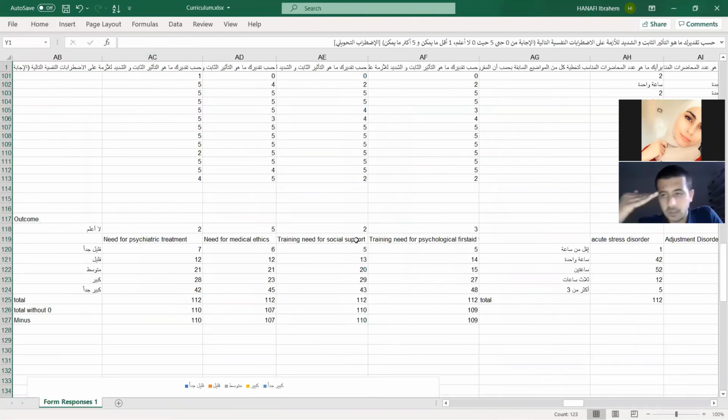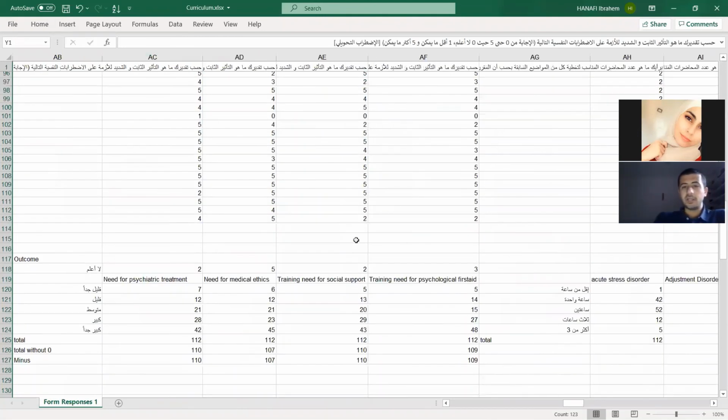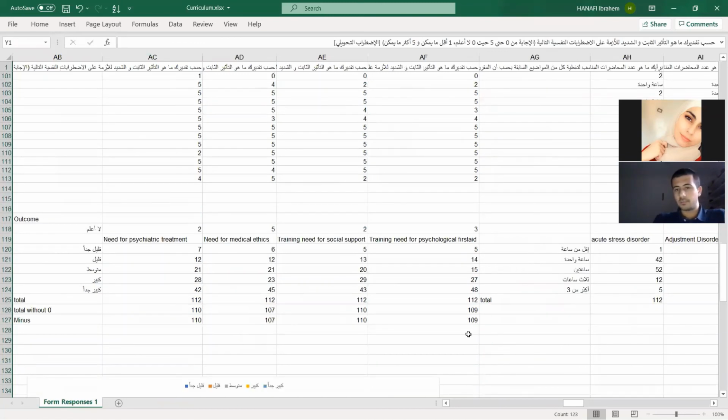Actually, in that file I put some classifications and some sorting below the data, and this is a mistake. I should have entered them in a separate sheet.